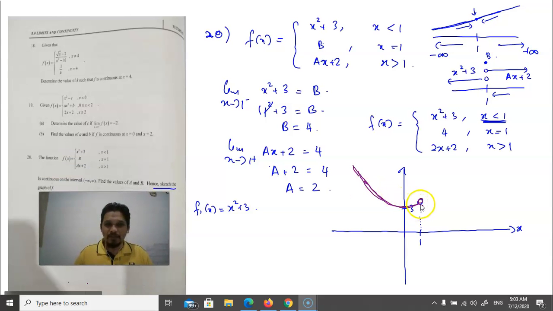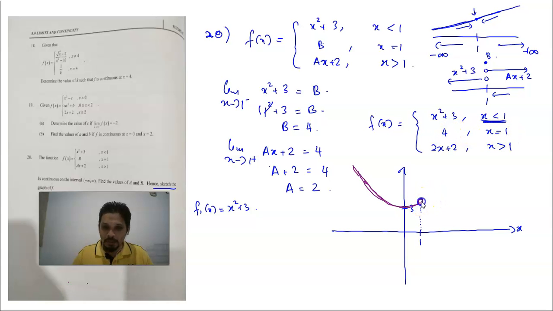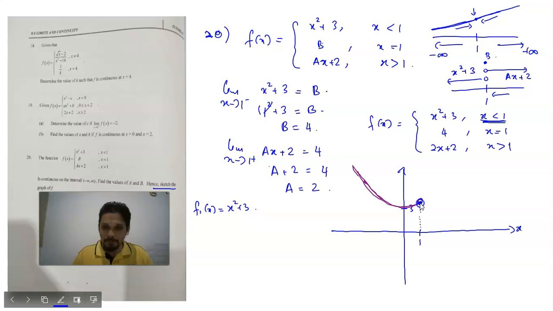This is part of the graph for x squared plus 3 for x less than 1. And when x is exactly equal to 1, 1 squared equals 1, 1 plus 3 equals 4. So when x is exactly 1, y equals 4 is here.